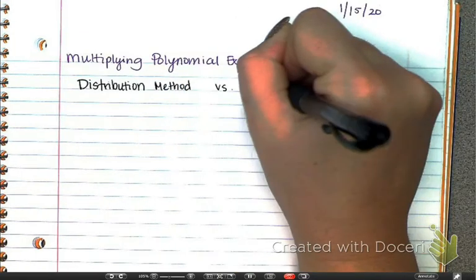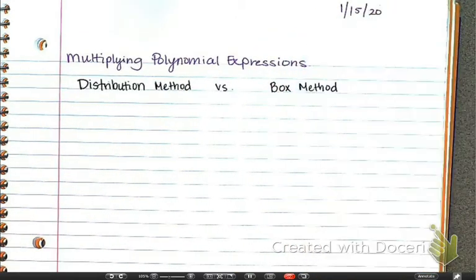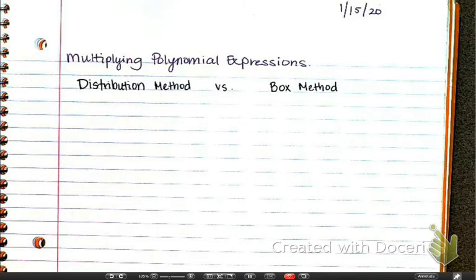Second method is the box method. So again, I'll show you both, and then we can decide. Sometimes you might use the box for certain problems. Sometimes you might use distribution, and that's okay. It's the same thing. It gives you the same answer. It's just a different way to organize. And I'm actually going to start with the box.